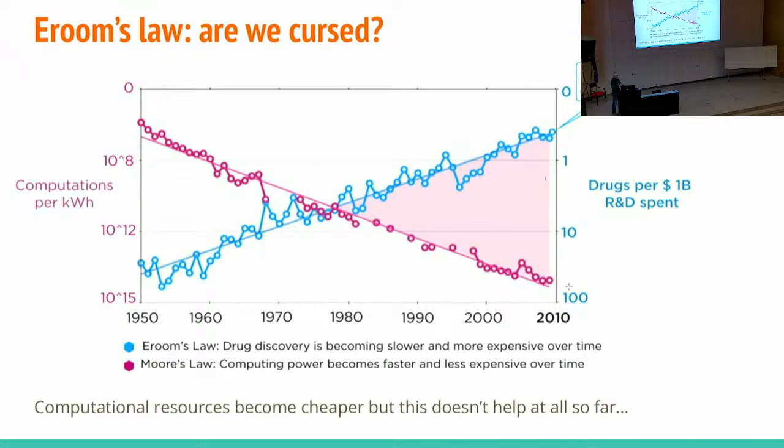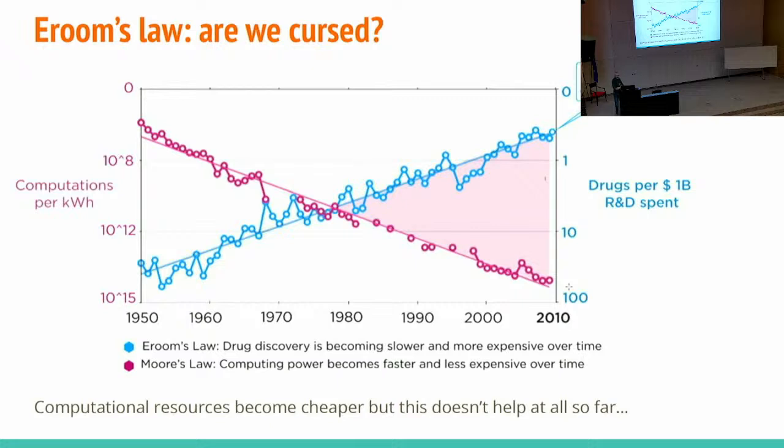Another thing which suggests that we are actually kind of cursed is called Eroom's law. And Eroom is not a person, it's just Moore pronounced backwards. All of you know Moore's law, that there is an exponential growth of computer power. And Eroom's law is the opposite, it's an exponential slowing down of drug discovery.